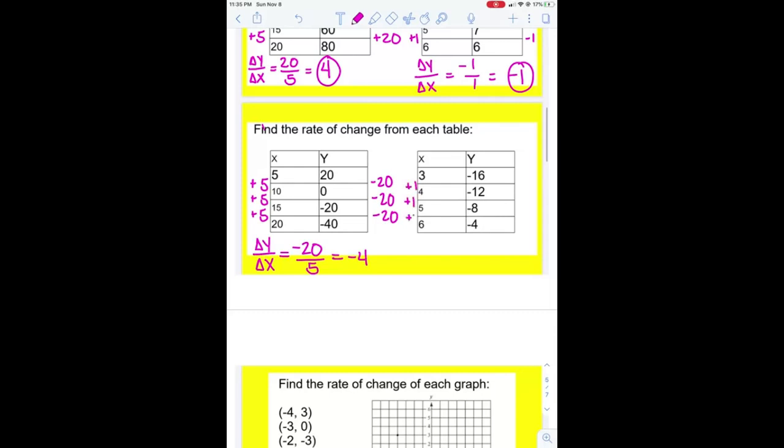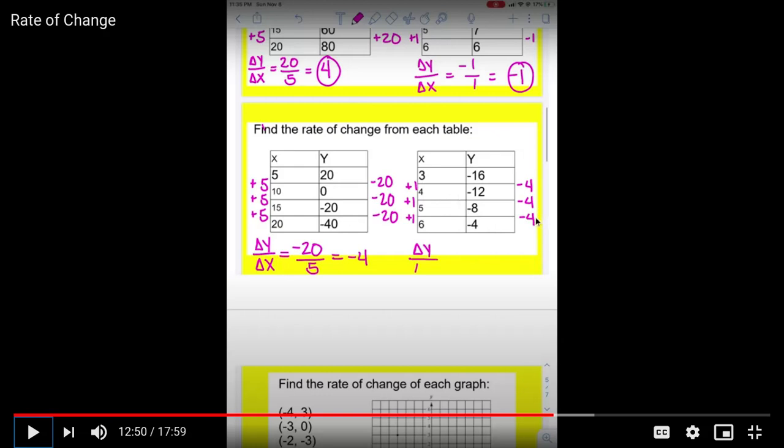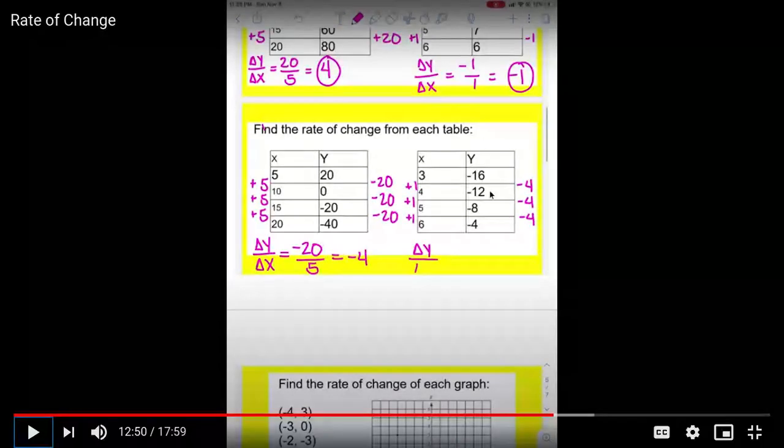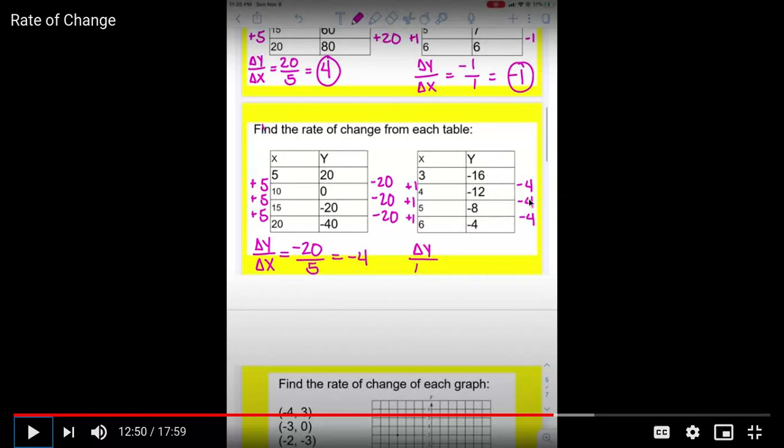So looking at this next table, I see that X is going up by 1 every time. And I made a mistake here, guys. I made a mistake that a lot of people would also make. And I didn't realize it until just now. I thought we were subtracting 4 each time over here. But when you look, when I go from negative 16 to negative 12 and then to negative 8 and negative 4, I'm actually adding 4 each time.